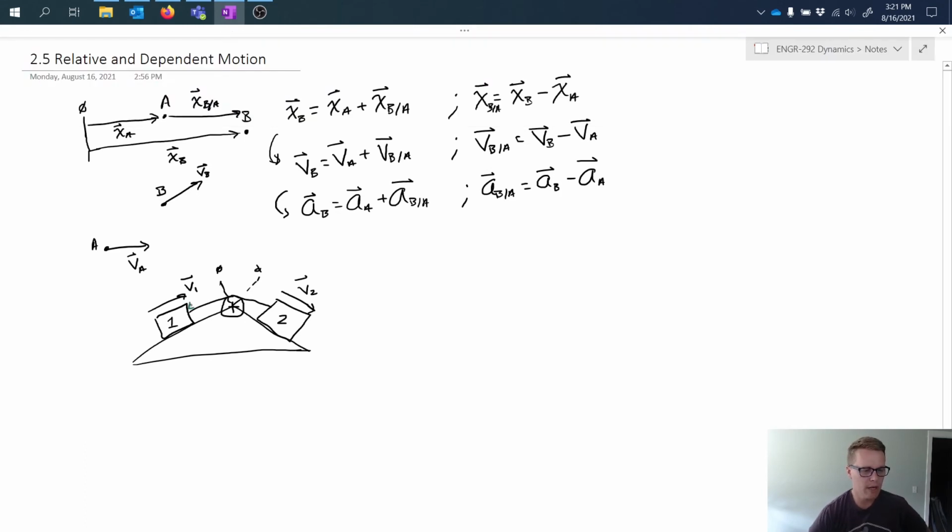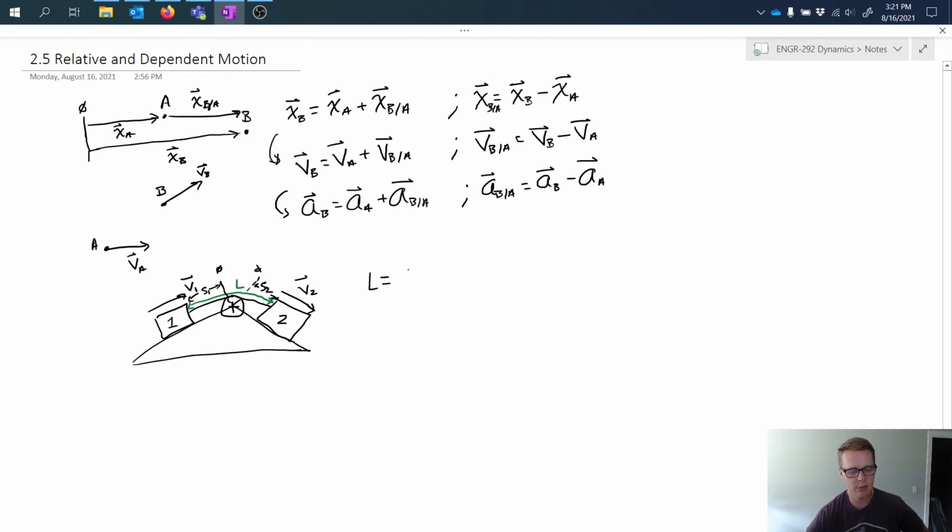The rope from here, wrapped around the pulley to here, is going to have some length, let's call it L. And therefore, L is going to be equal to, let's call this distance S1, and this distance S2, corresponding to blocks 1 and 2 respectively.